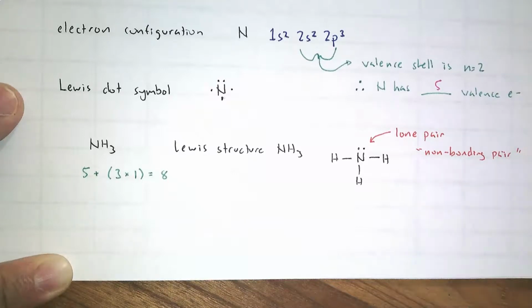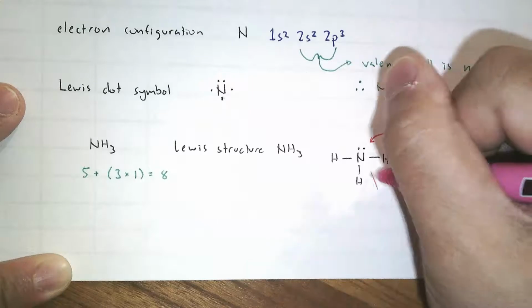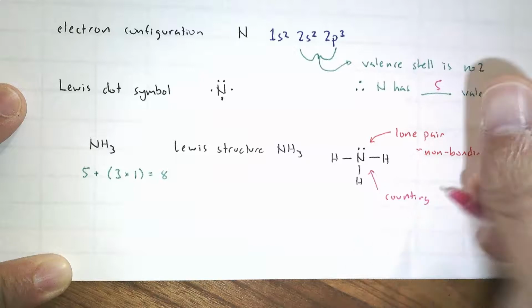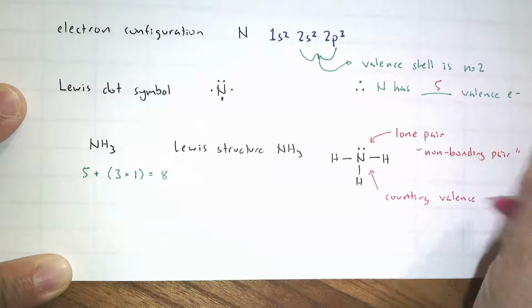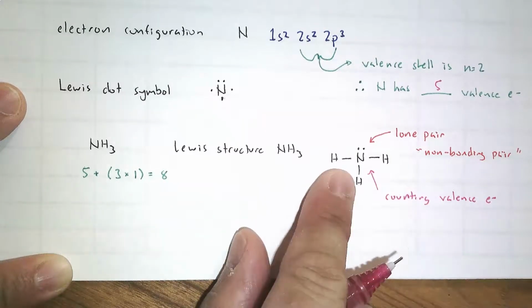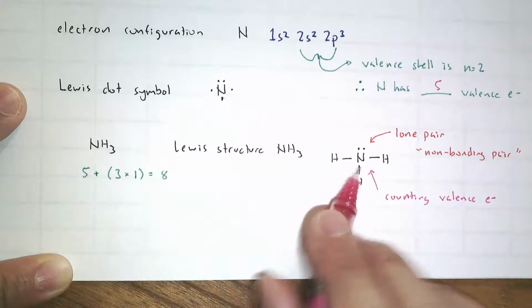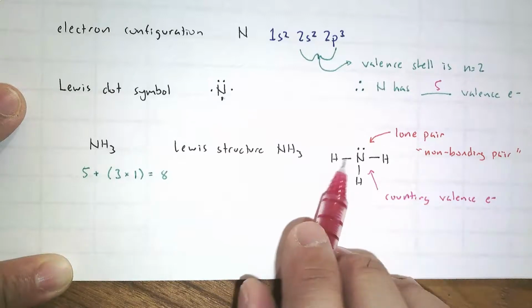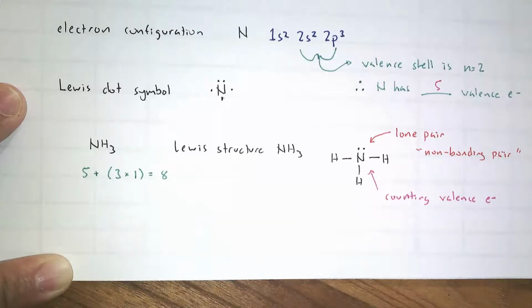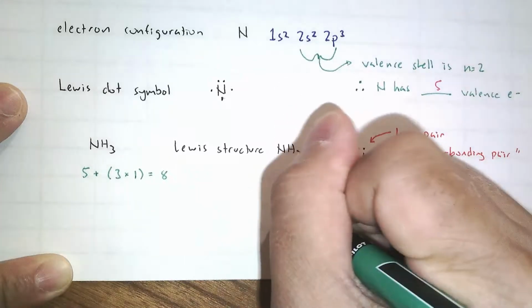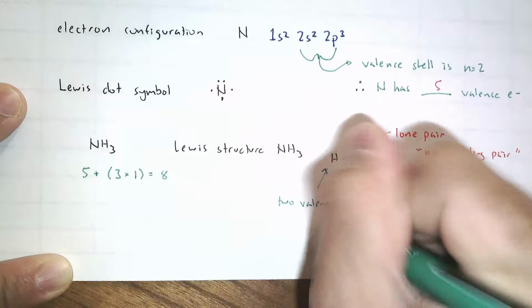So when you count, counting is going to be very important. For this nitrogen, you're counting valence electrons. Yes, I understand that 5 valence electrons came from nitrogen and 3 valence electrons came from hydrogen. They're not being transferred, they're being shared. So the electrons here, you could count them for both the hydrogen and the nitrogen, meaning that this hydrogen here has 2 valence electrons.